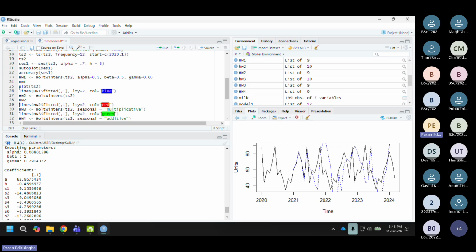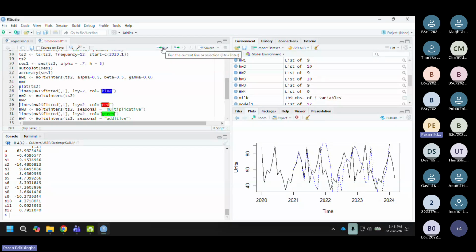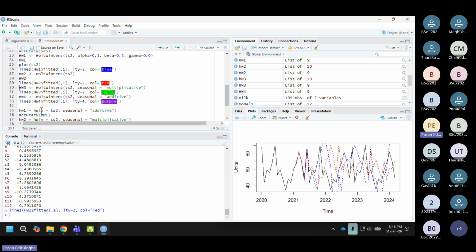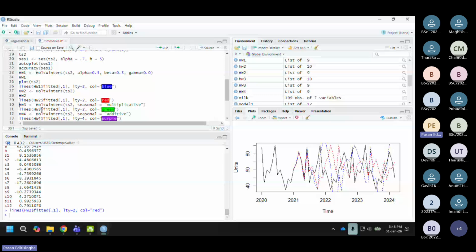You can see the numbers they decided, and then you can see the accuracy of that one. On this plot, the red color one is that prediction. You can see that's much better than the previous one, and you can use the accuracy command as well.